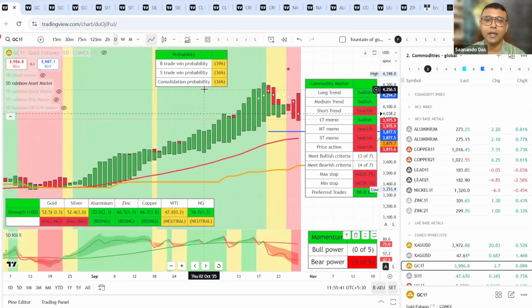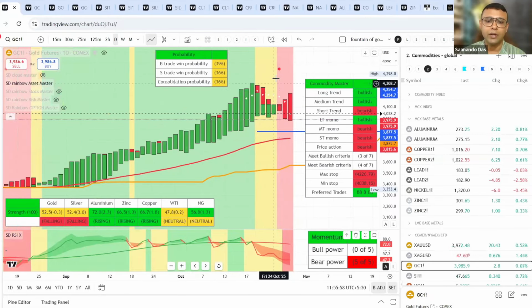My warning came well before the sell-off started on 14th of October, because I was sensing frenzy in the market, especially in the silver market. Now it has turned bearish. Many traders, even investors in Gold BeES and Silver BeES in India, have been caught off guard by this sharp sell-off.